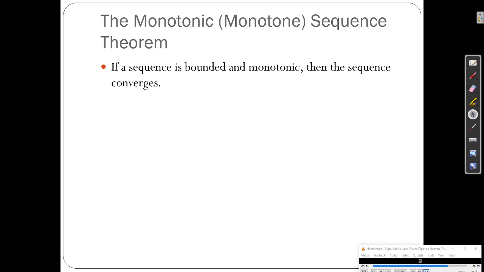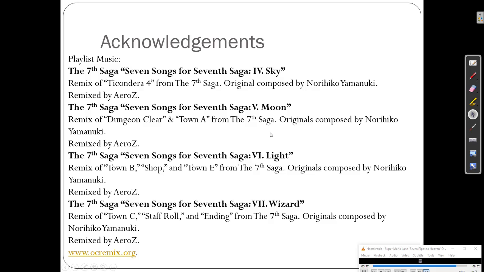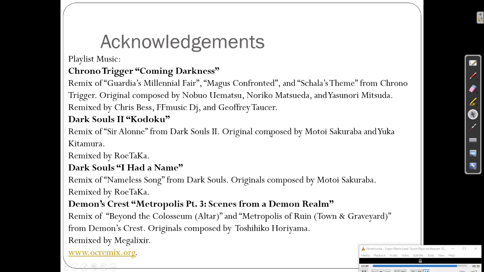It just says all you have to do is establish that the sequence is bounded and it's either always decreasing or always increasing. If so, it must converge. And it actually converges to either its upper or lower bound, depending upon whether it's decreasing or increasing. That'll be it for this section, for this discussion of sequences.